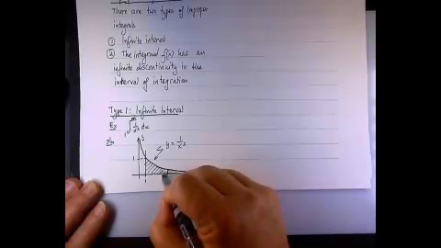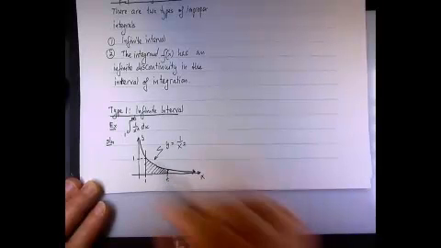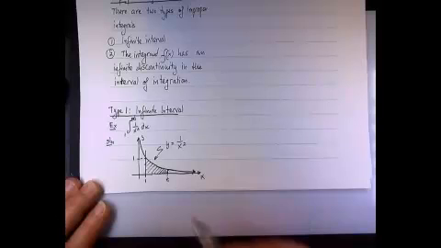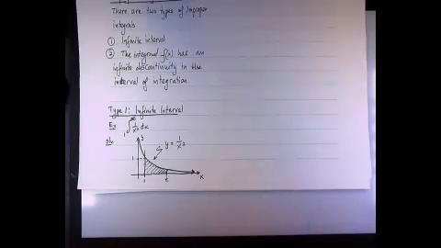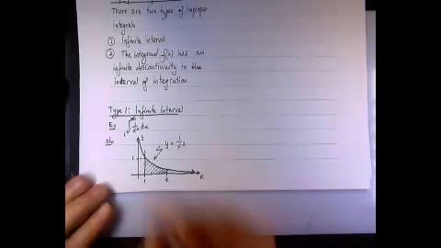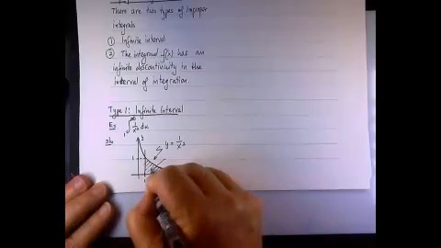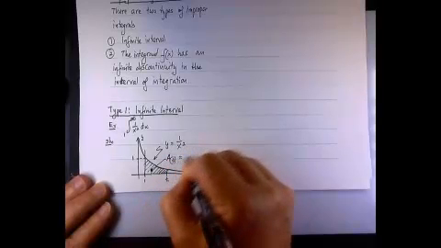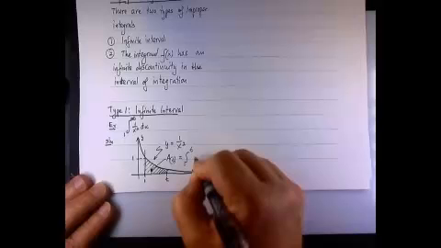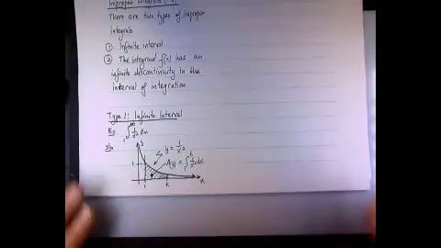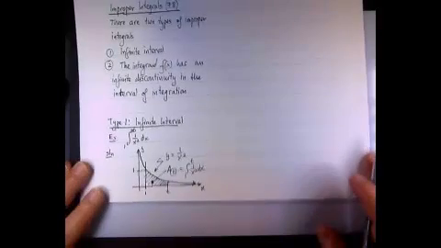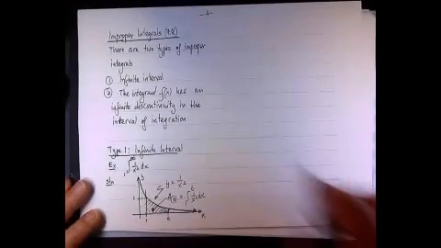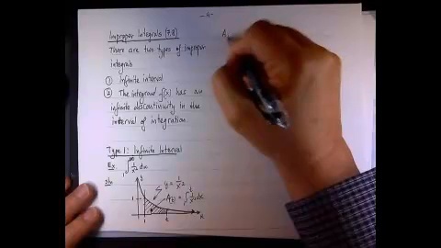To do so, let's first calculate the area from 1 to t, some intermediate value t inside the boundaries. Between 1 and infinity, we pick a value x equal to t, and we calculate the area. We say that the area A of t will be the integral from 1 to t of 1 over x squared dx.